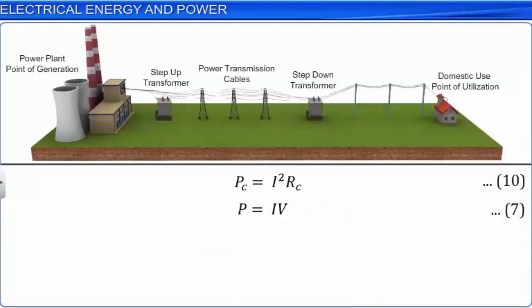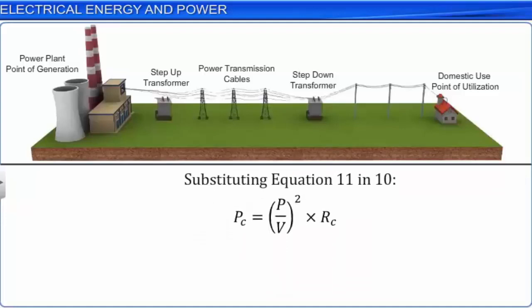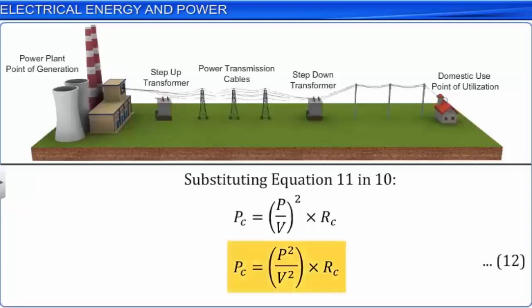Rearranging equation 7, we get I is equal to P by V. Let this be equation 11. Substituting equation 11 in 10, we get PC is equal to (P by V) whole square into RC. That is, PC is equal to P square by V square into RC. Let this be equation 12. This equation helps calculate the power loss PC due to the resistance RC in the transmission cable.